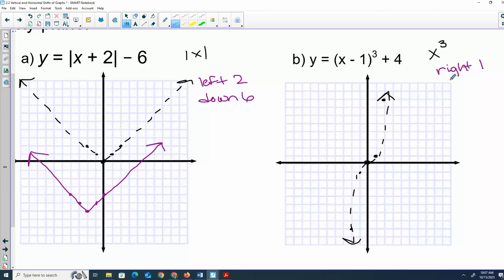Inside moves x, opposite of what we think, outside is y, does what it says. So each point right and up.